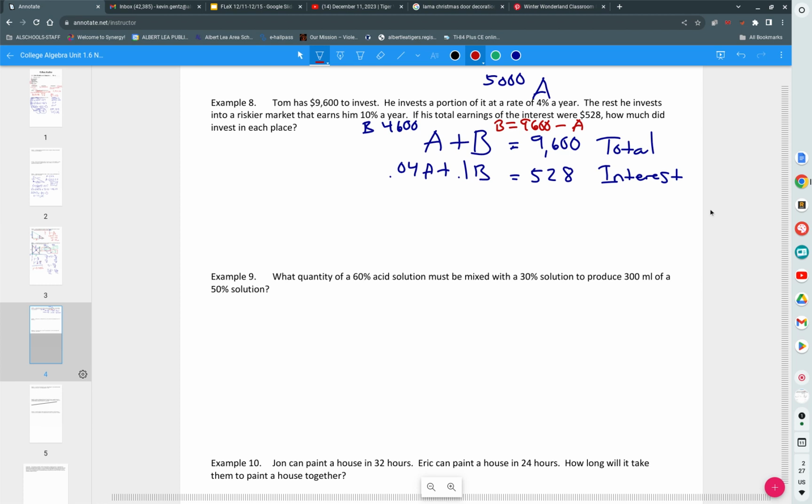Now that I know what B is, I can take it and drop it right in there. And so we have 0.04A plus 0.1 times (9,600 minus A) is equal to 528.